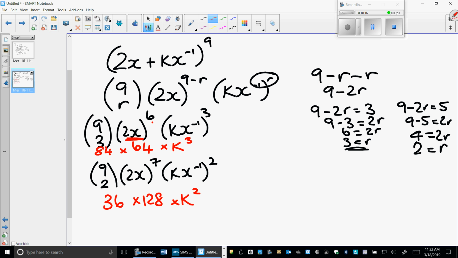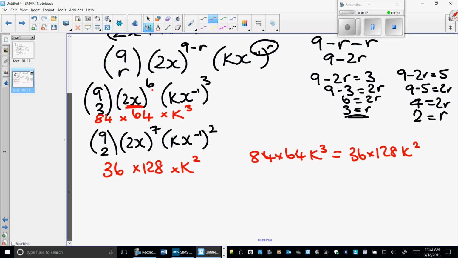And what did they say about those two numbers? They're equal to each other, yes? So I've got 84 multiplied by 64k cubed is equal to 36 multiplied by 128k squared. I need to find k, so what am I going to do? Divide, yeah. Divide both sides by k squared, yes?